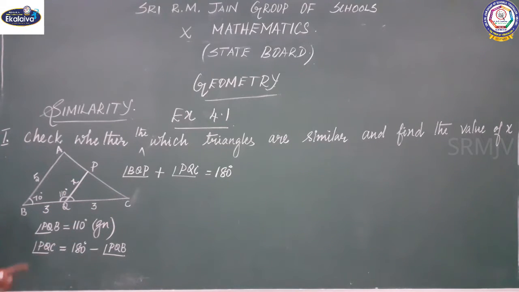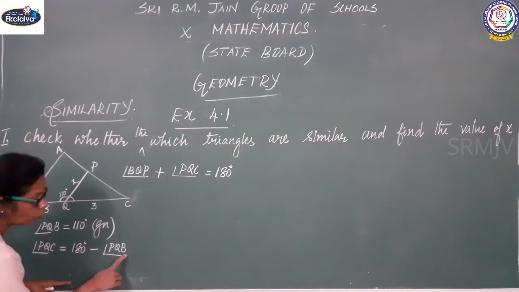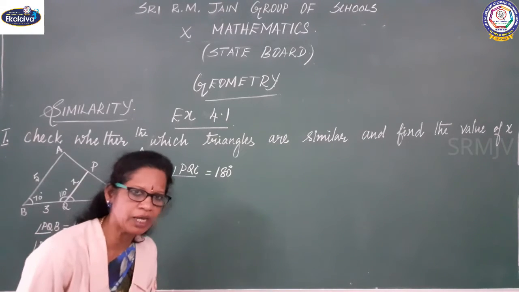You know angle BQP equals 110 degrees. That's why I arrived at the result: PQC equals 180 minus angle PQB, or BQP, however you write.